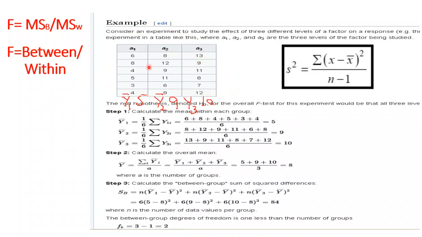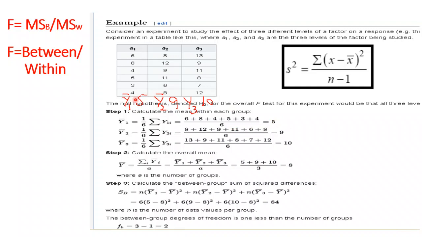Now, what is the mean of this first year assessment? Y bar 1 represents the mean of group 1. This y bar 1 is equal to the summation of all the 6 values divided by the number, and this comes out to be 5.